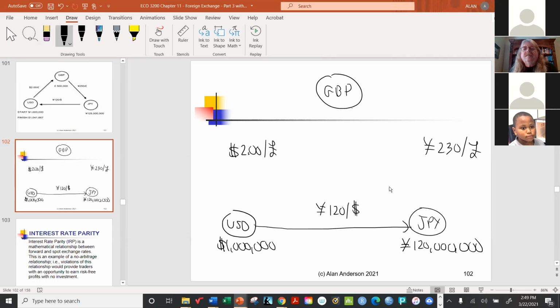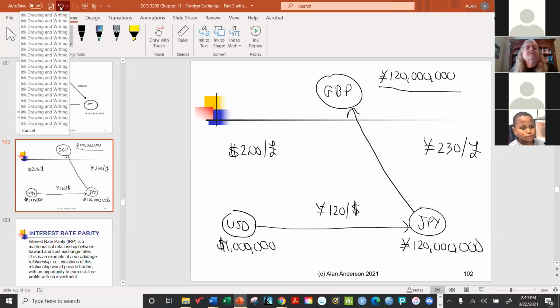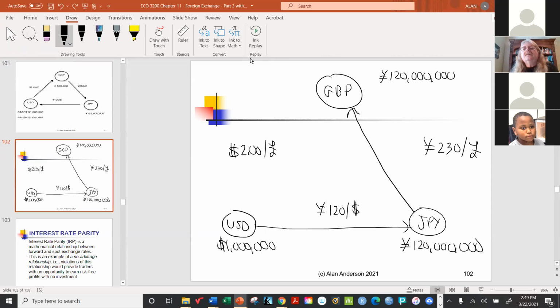Now here I'm converting all my yen into pounds. The math here is to take the 120 million yen and divide by 230 yen per pound.